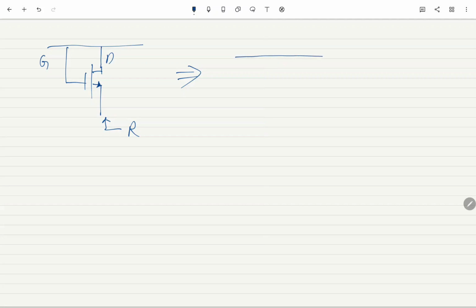Here the gate and drain are tied, and here we have gm V1. In order to find the R out, we attach a test source. So here's Vx, here's Ix.